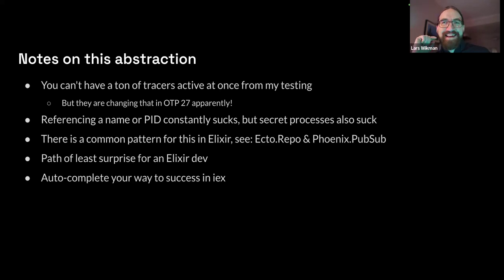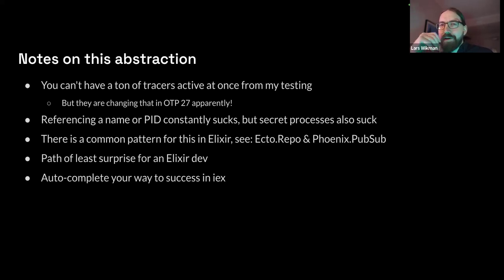So when I wrote this talk originally, you couldn't have multiple tracers active at once. So having a singleton is actually kind of appropriate. But now they're changing that in OTP 27. I'll have to think about whether I want to make any changes to the library due to that, because it would allow some more flexibility.